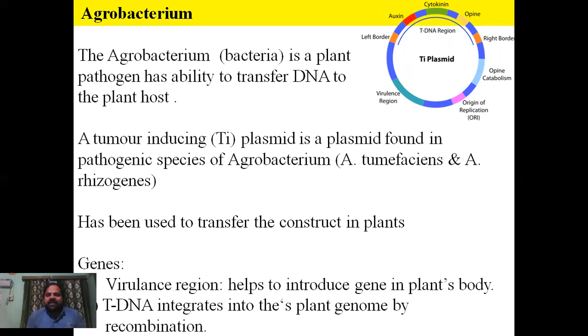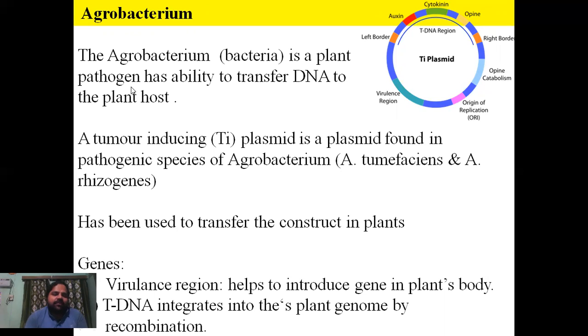It means if I want to express a particular gene in a plant, then I can utilize this Ti plasmid. So it is a tumor inducing plasmid, Ti plasmid, and it is found in pathogenic species of agrobacterium, Agrobacterium tumefaciens and Agrobacterium rhizogenes.